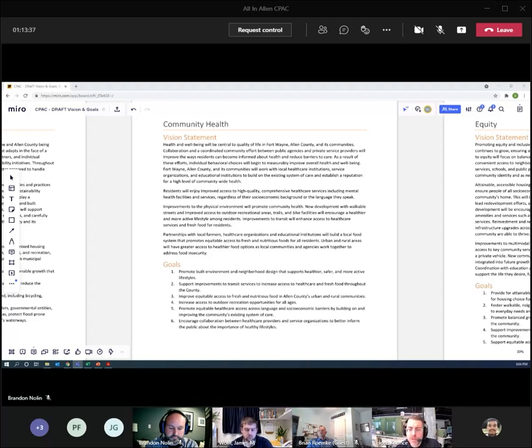Goals here: 1, promote built environment and neighborhood design that supports healthier, safer, and more active lifestyles. 2, support improvements to transit services to increase access to healthcare and fresh food throughout the county. 3, improve equitable access to fresh and nutritious food in Allen County's urban and rural communities. 4, increase access to outdoor recreation opportunities for all ages. 5, promote equitable healthcare access across language and socioeconomic barriers by building on and improving the community's existing system of care.